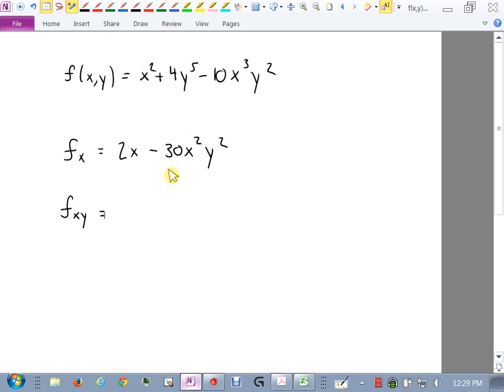So now I do the partial of this with respect to y. This is going to go away. This just stays. 2y, 2 hits the negative 30. Negative 60x squared y. Got it?